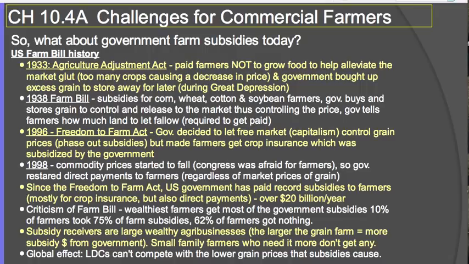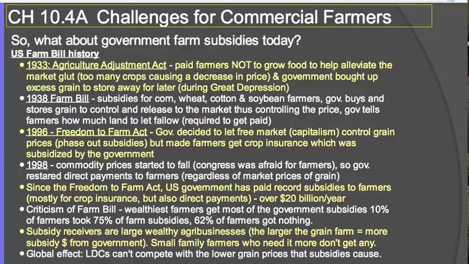But they did make the farmers get crop insurance during this time, to deal with the risk of maybe not having good prices because there was an overproduction, or maybe some kind of environmental drought that would cause them not to be able to produce. So get crop insurance, and then the United States actually subsidized that crop insurance.